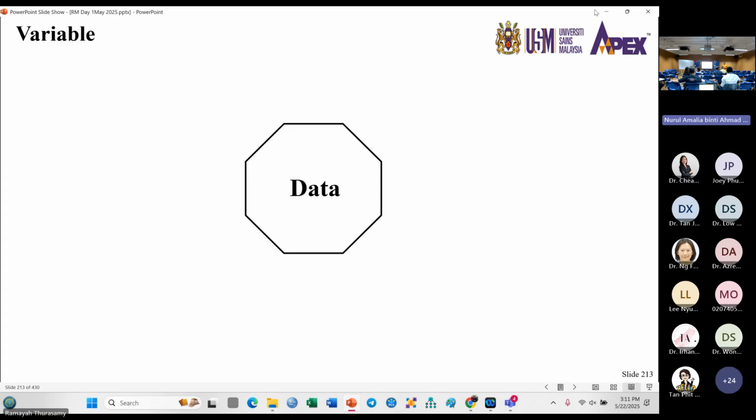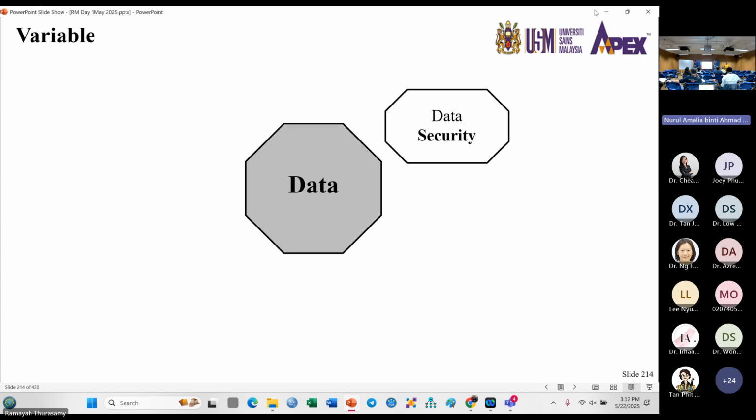How do you decide a variable? The variable must have a meaning when the score is high. It must have a meaning when the score is low. If not, it is not a variable. So we have variables like this, right? Data security. This is a variable, high or low, right?